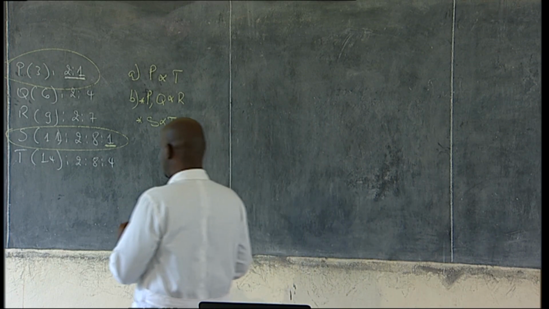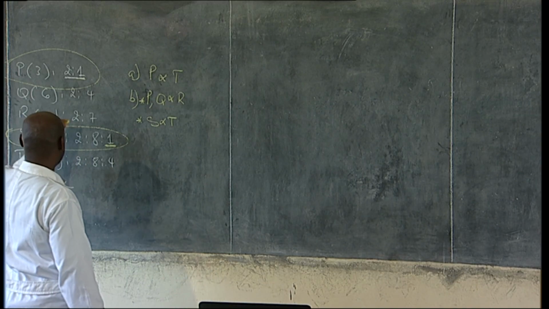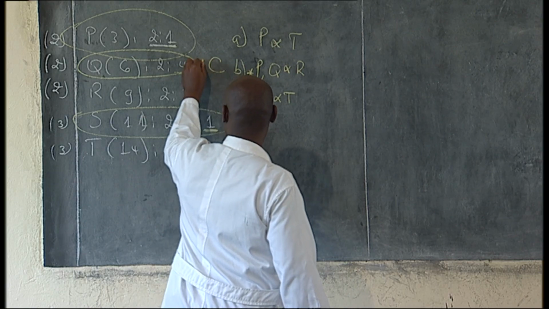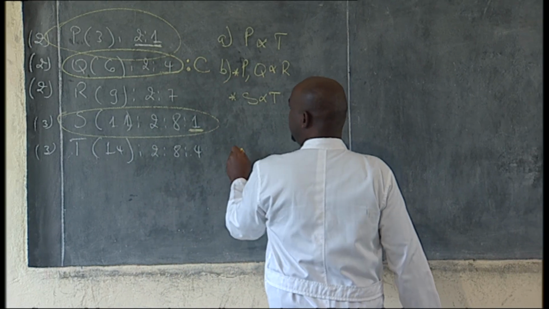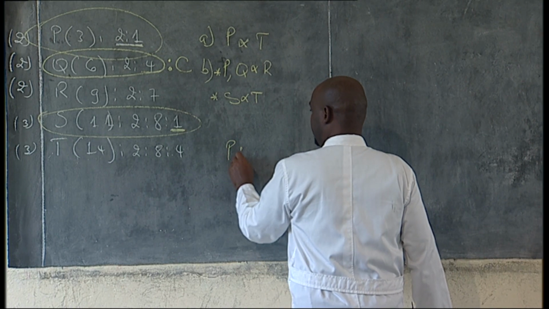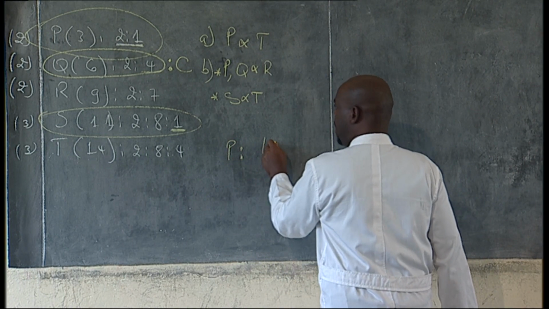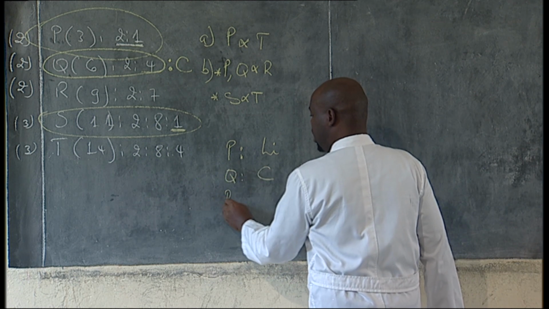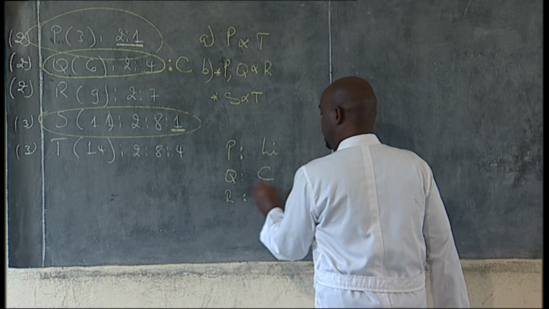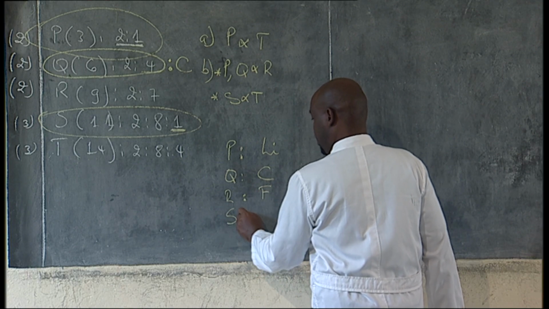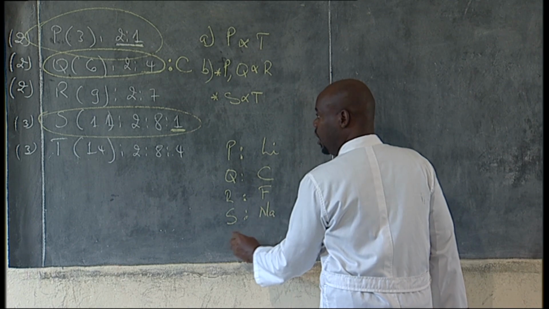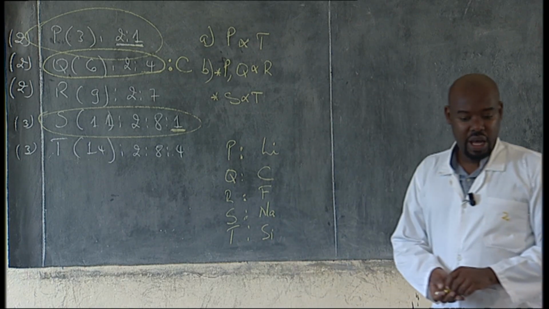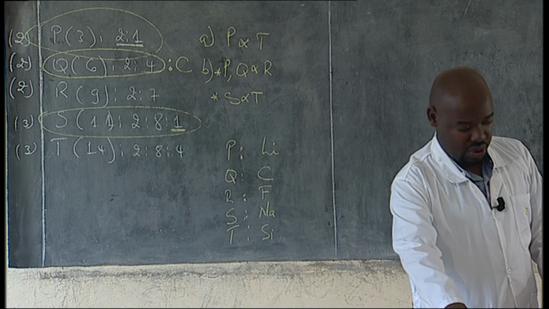The non-metals, let's consider this one. Let's say P. Which one is P? It's lithium. And for Q, it's carbon. And for R, it's fluorine. And S, it's sodium. And for T, it is silicon. So the elements which are metals are these ones.